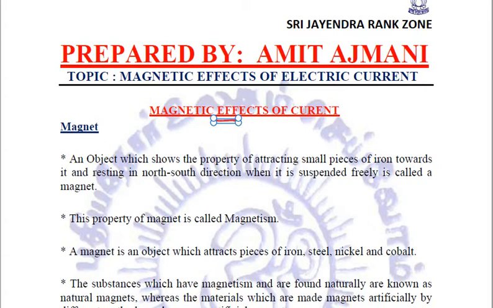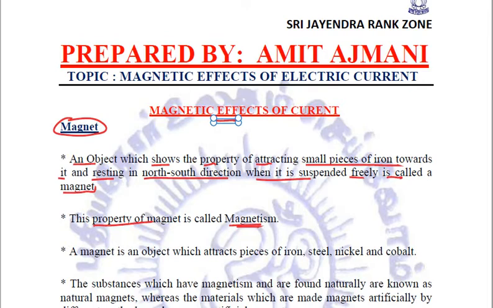Before doing the magnetic effects of current, let us see what exactly a magnet is. An object which shows the property of attracting small pieces of iron towards it and resting in north-south direction when it is suspended freely is called a magnet, and this property of magnet is called magnetism.